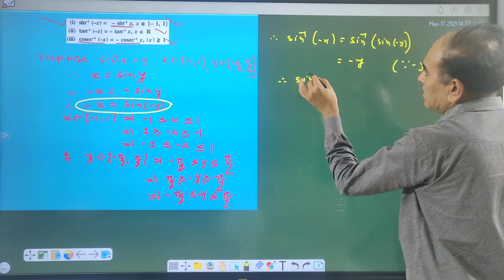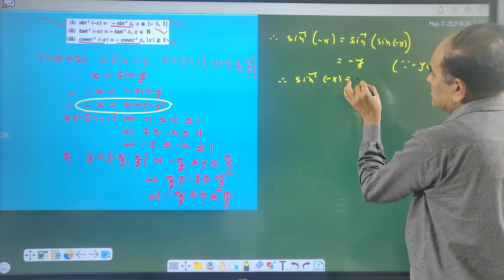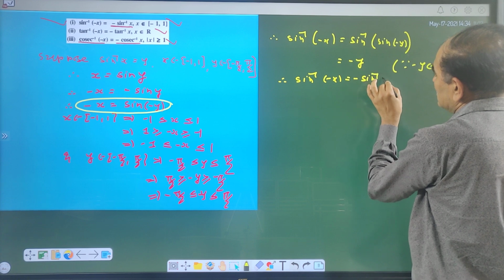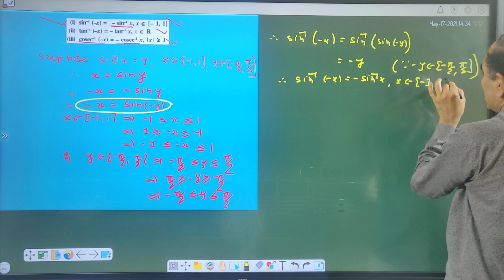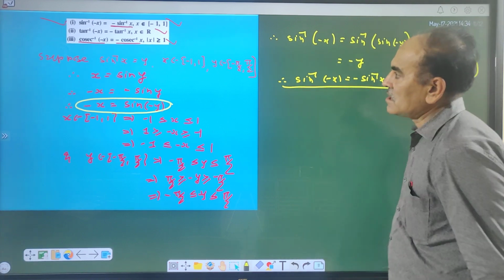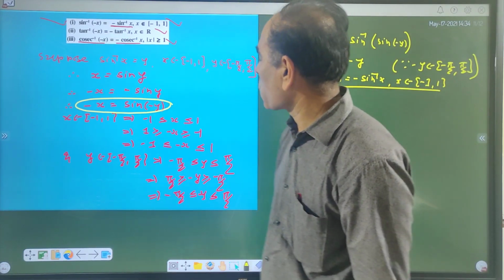So sine inverse of minus x is equal to minus sine inverse x, where x is from closed interval minus 1 to 1. This is the standard result number 1.